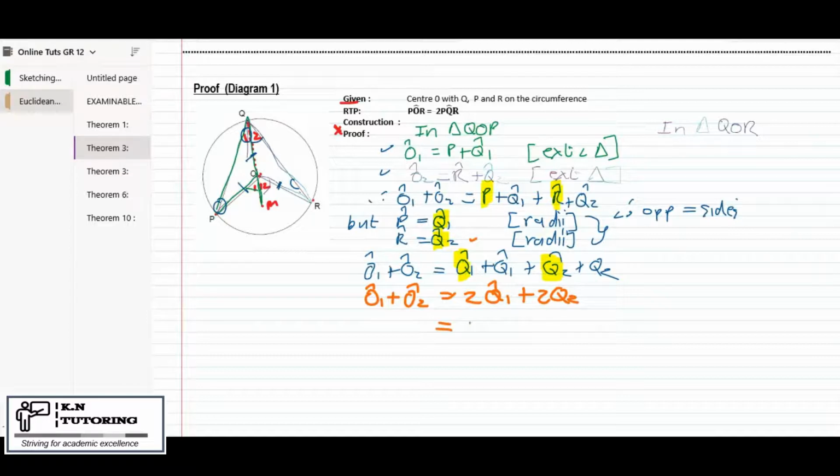I've got a common factor of 2, so I'm going to take 2 outside, which gives Q1 plus Q2. And Q1 plus Q2 is the same as angle Q. So at the end I've got O1 plus O2, okay? But we can also see, this is the color that I don't like.